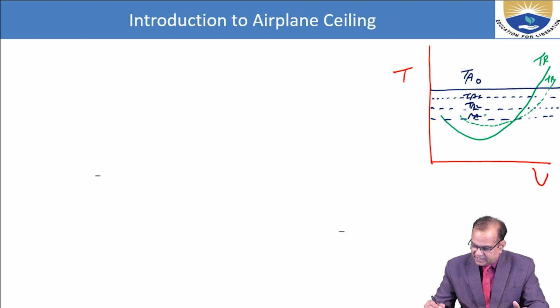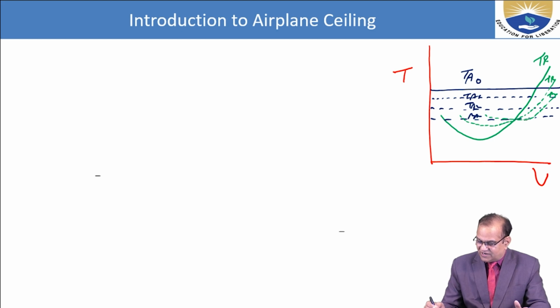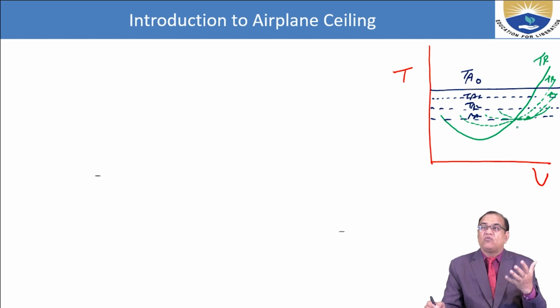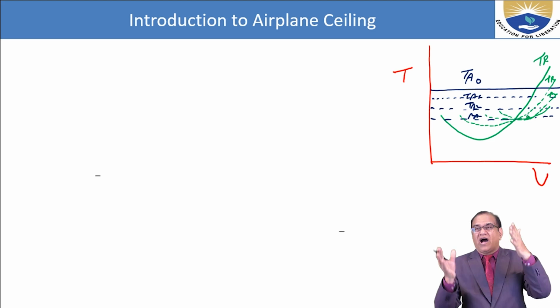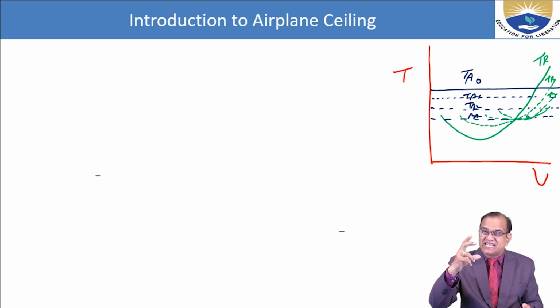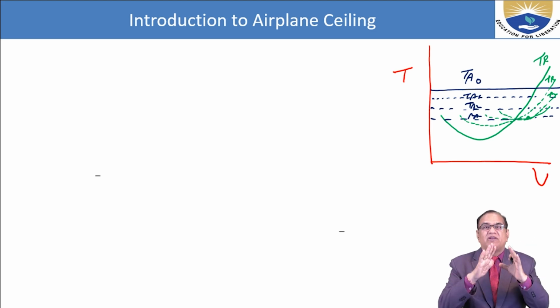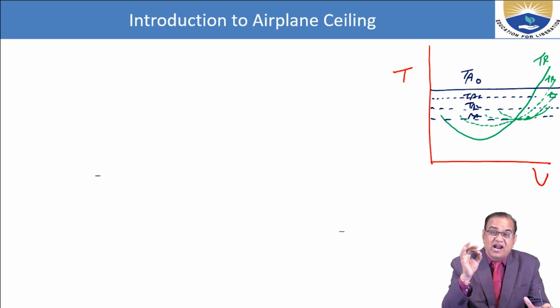Then this will be TR2. One condition will come where they are equal, where you won't get any additional thrust. So as you go higher and higher, the excess power or excess thrust which the aircraft is supposed to have will be negligible, and you cannot fly beyond that.